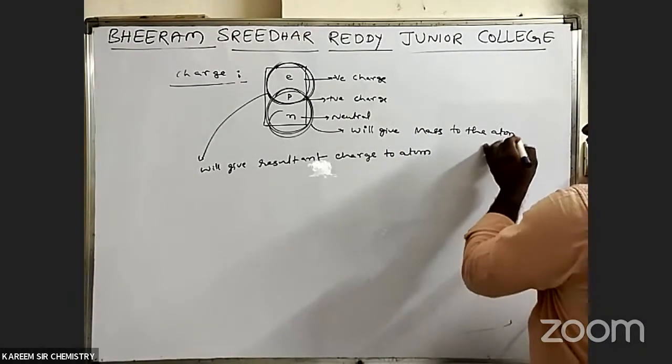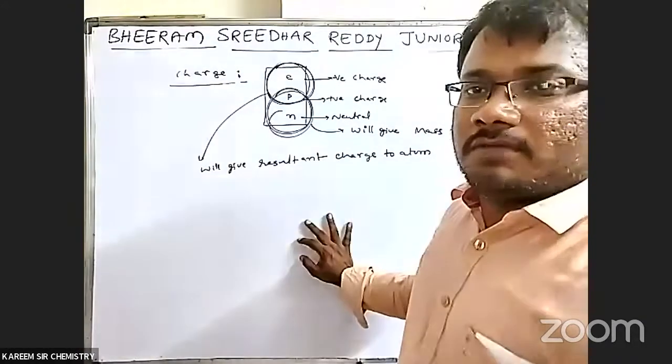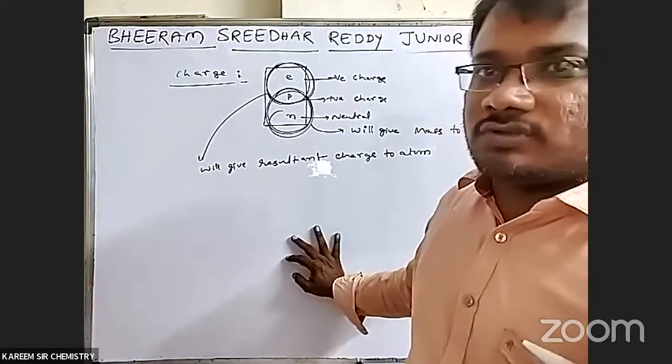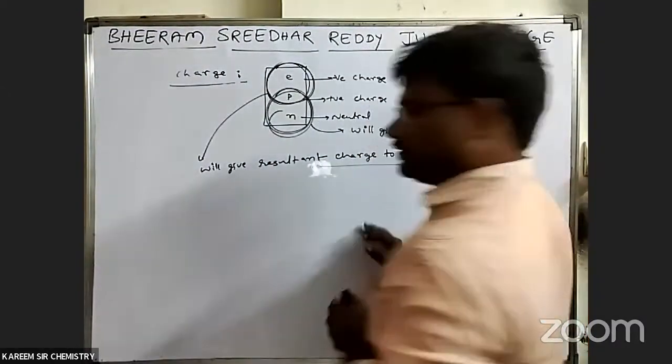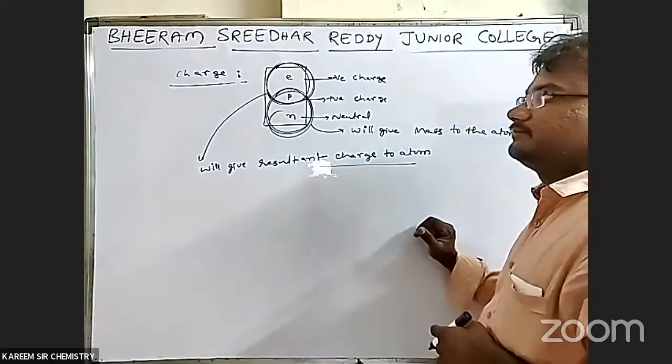Remember this. Already we have average atomic mass, and converting AMU into grams. Now charge.